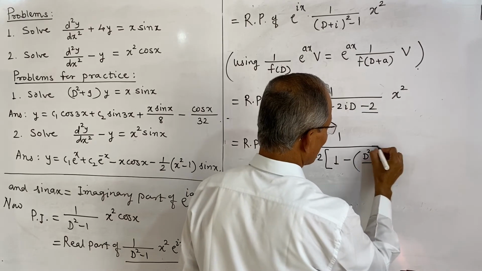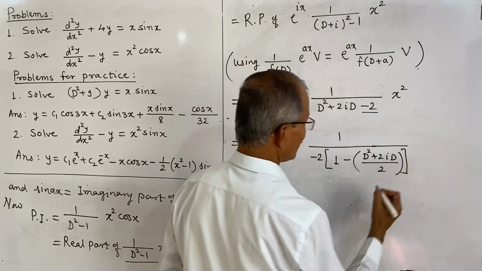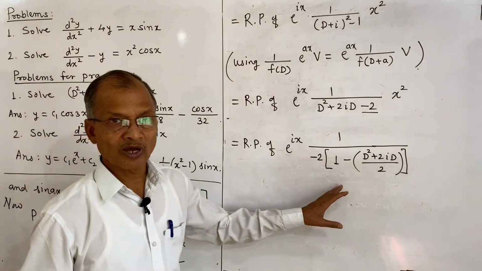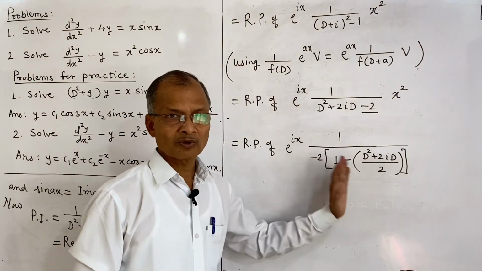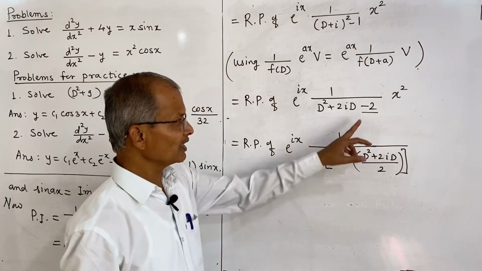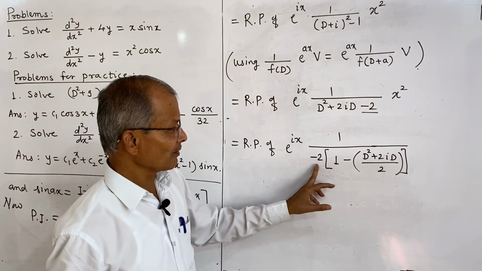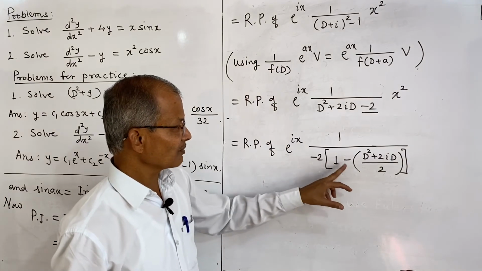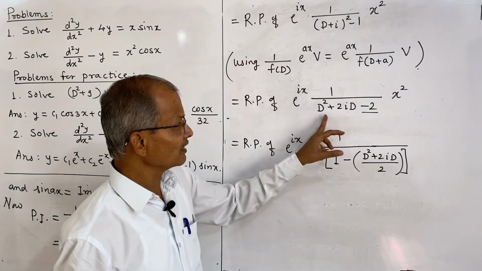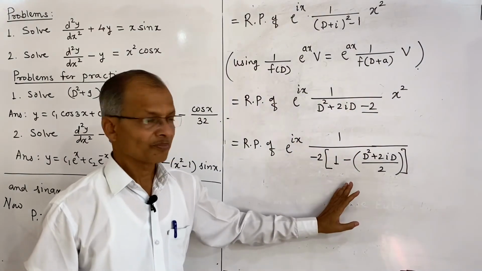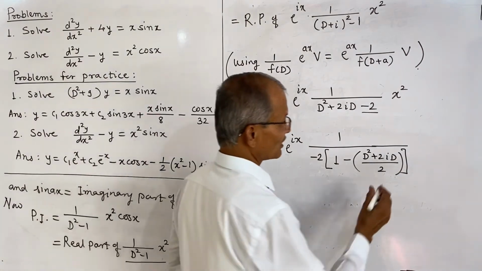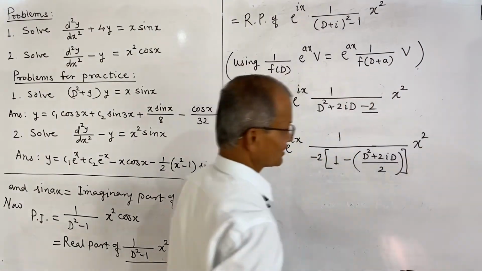See, this is the denominator we have expressed in this form, either 1 plus function of D or 1 minus function of D, taking this constant term common, and you can check the value is the same, minus 2, and this minus becomes plus, this 2 cancels, and D square plus 2iD is the same. So it is written in this form, particularly operated on x square.